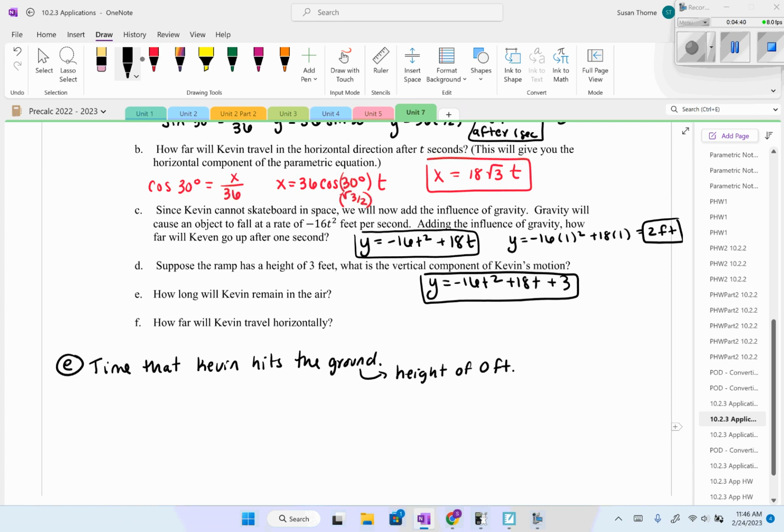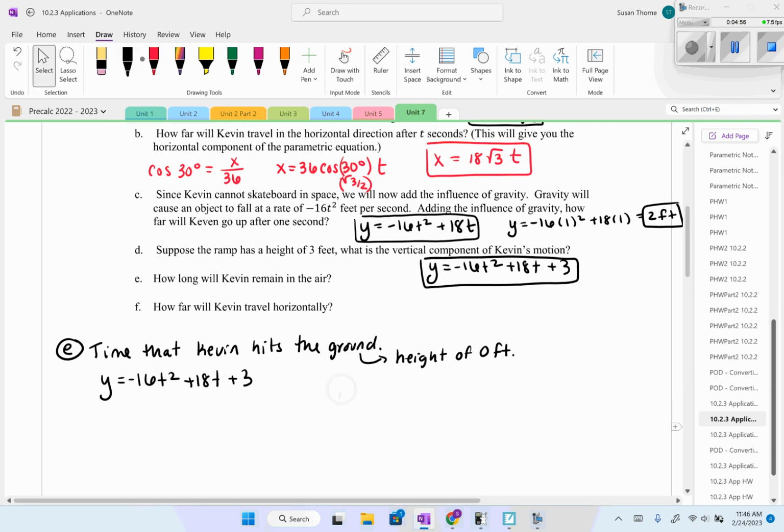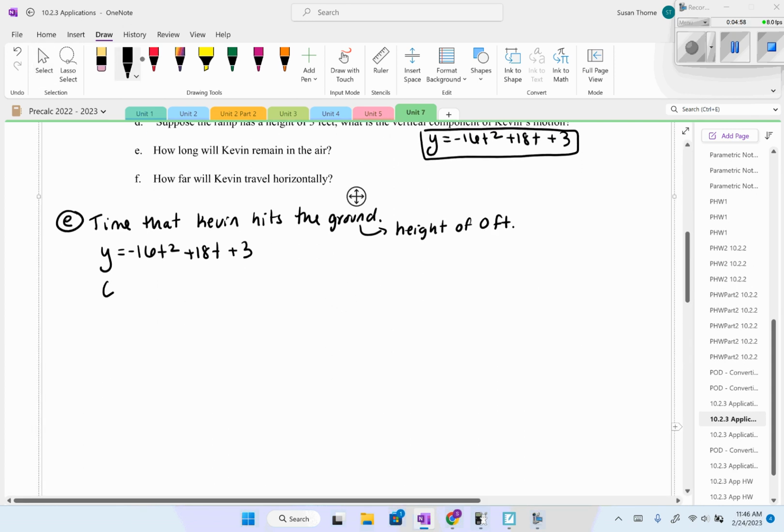And we're going to use that fact that we know that's 0 in order to help us solve for the time. So since we're talking about the vertical distance, we use the y equals equation. So we know we're using y equals -16 t squared plus 18 t plus 3. And we're substituting 0 in for y and going to solve for the time.